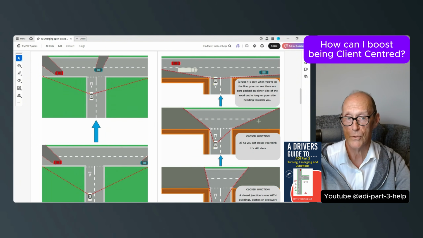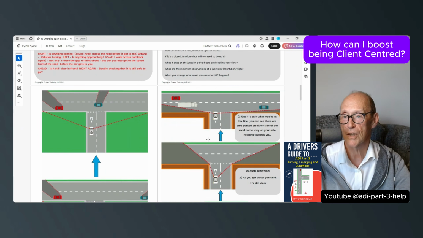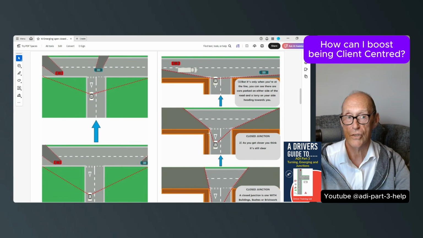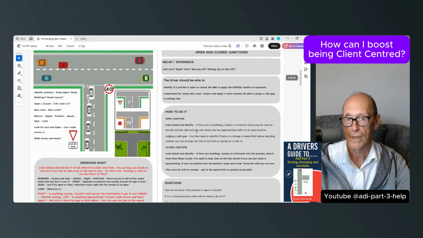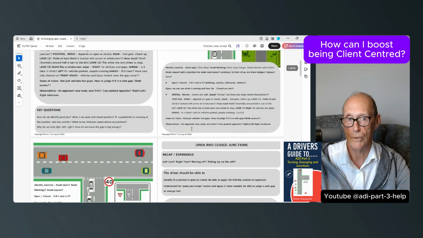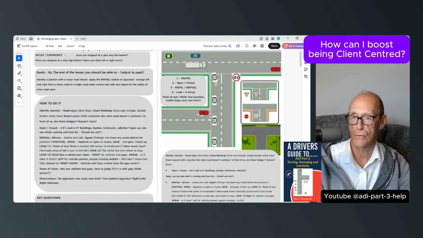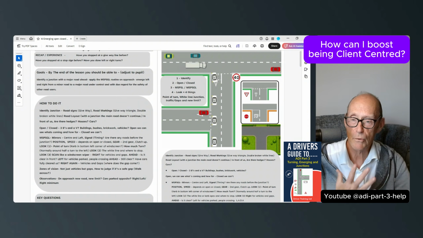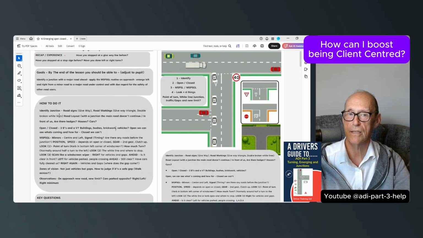As you get closer, still seems clear. And it's only once you're at the line that you can see 2 parked vehicles and a lorry on the wrong side of the road. So as we look ahead to our junction, Chris, would we say that's open or closed? So can you see now you're just doing that as client-centered becomes questions.